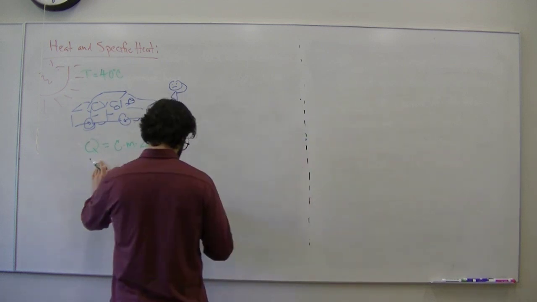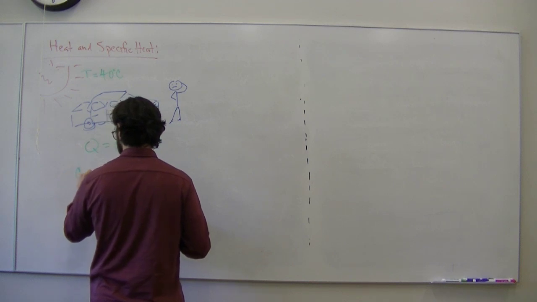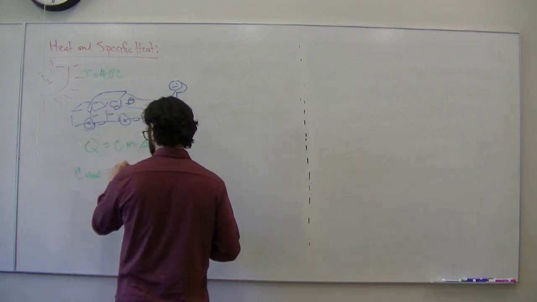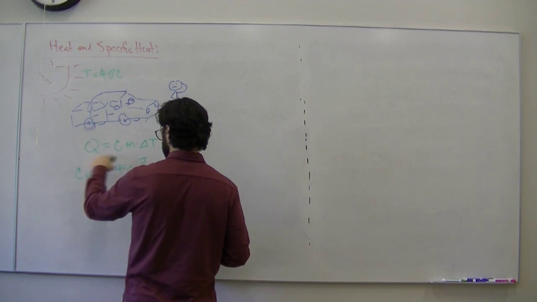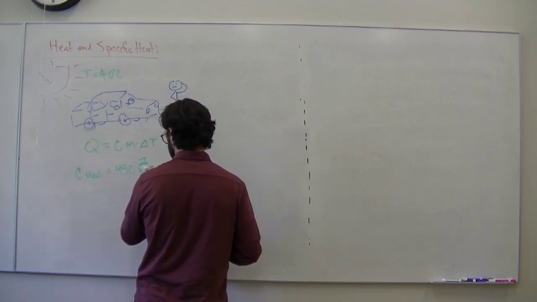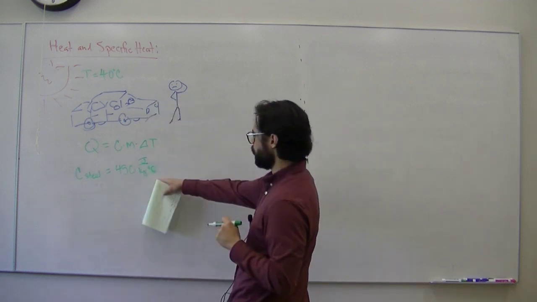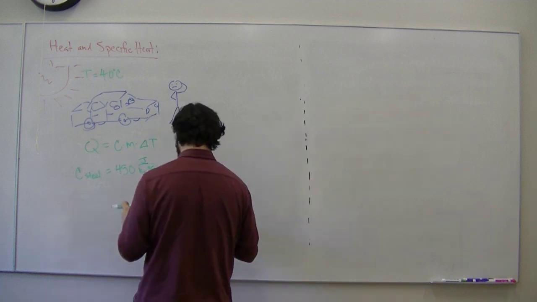If I were to list some numbers, C for steel in SI units is about 450 joules per kilogram degrees Celsius or Kelvin, it doesn't matter. Those are the right SI units for a heat capacity.